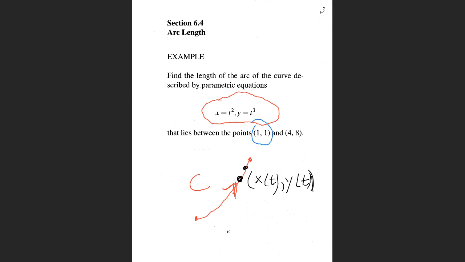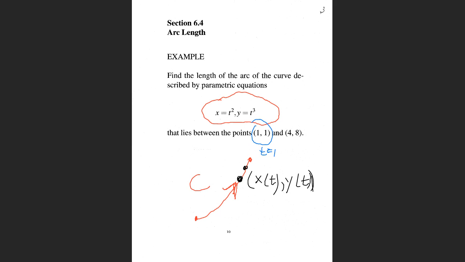What's the value of my parameter when the arc begins at point (1, 1)? 1. That's right. So Clea and Yonatan and Mohammed agree. t equals 1.